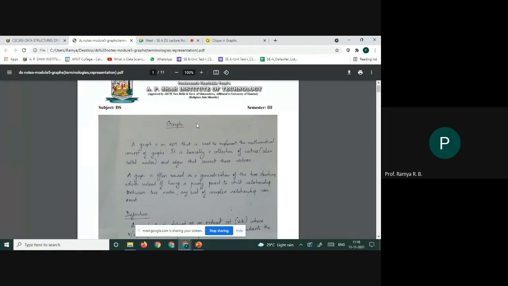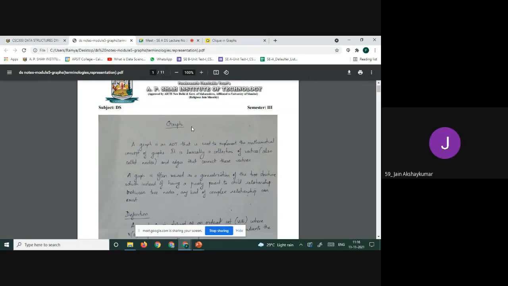Which is right? You decide and tell me whether all trees are graphs or all graphs are trees.